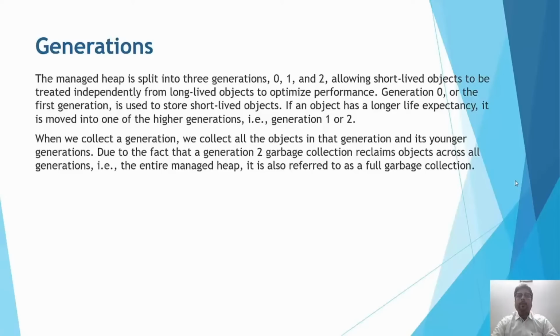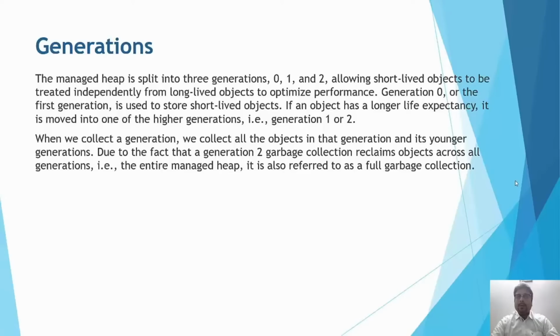Those objects will be promoted to generation 1, and if objects in generation 1 have not been cleaned in the next garbage collection cycle, they are promoted to generation 2, which is the highest generation.